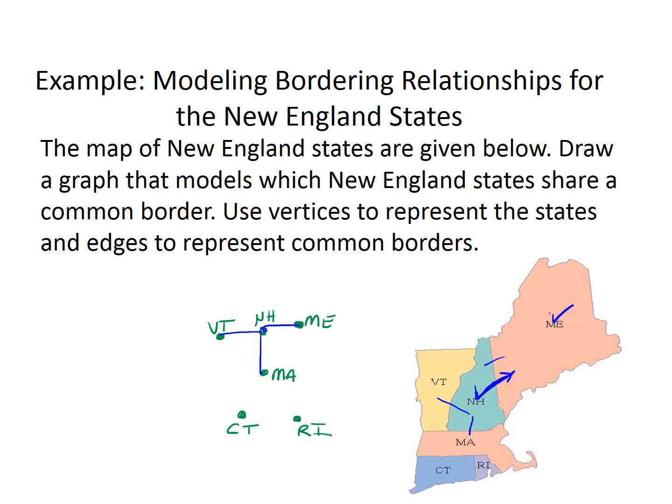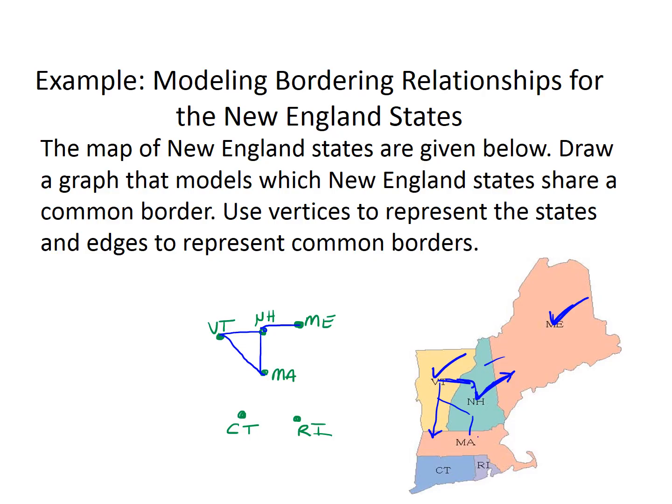So I already did this one and this one. So next we'll go to Vermont, and I already have the edge between Vermont and New Hampshire. I already did that one. All right, but then we will connect Vermont to Massachusetts. And so those are the only two edges that should be coming out of Vermont. It's connected to New Hampshire and Massachusetts.